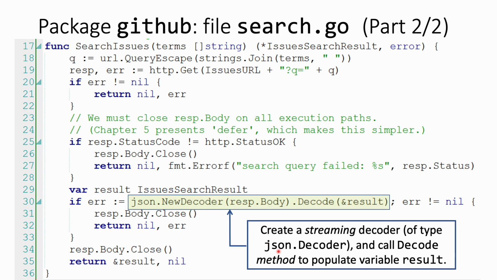We will learn more about Go methods later. The Decode method call returns an error object, so we also need to check if the returned error object is not null. If there's no error, we return the reference to variable result as a pointer to IssuesSearchResult and return null for the error.